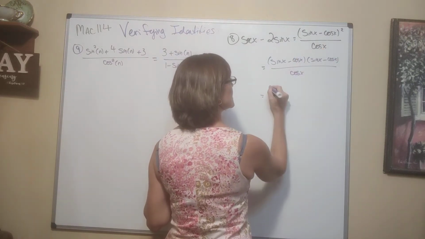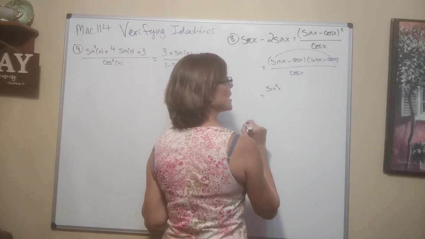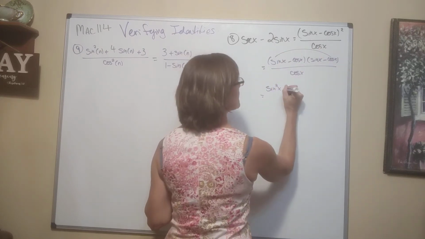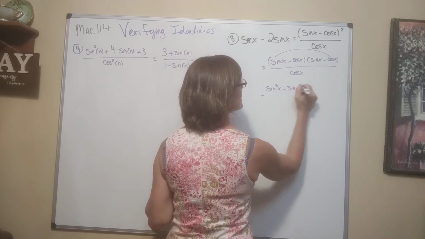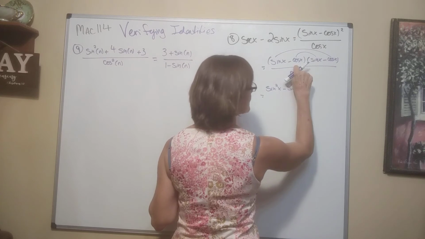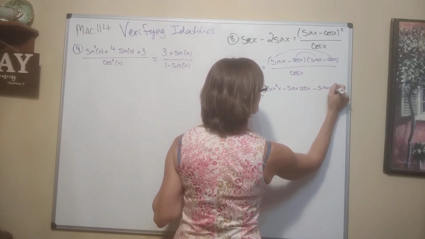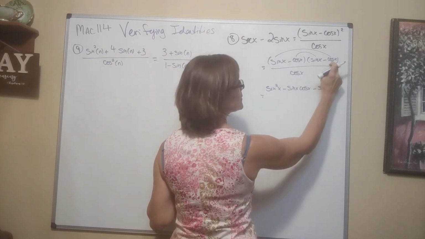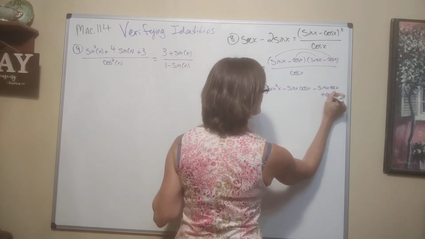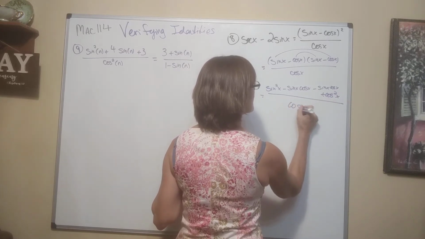Sine x times sine x is sine squared of x. Sine x times negative cosine of x is minus sine x cosine of x. Negative cosine times sine is another minus sine x cosine of x. And then a negative times a negative is a positive cosine squared x. And this is all over the cosine of x.